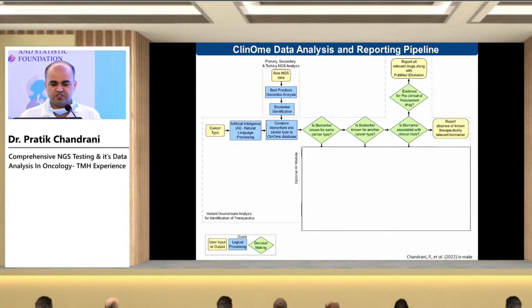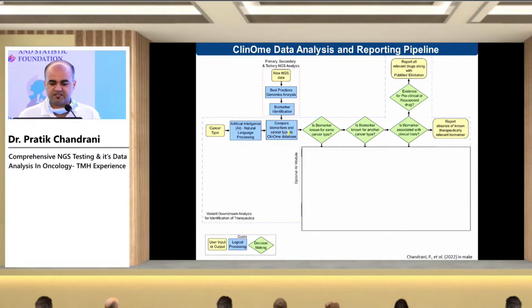So what we do is we use a natural language processing algorithm here, which is an AI algorithm. It takes different kinds of text strings, normalizes them, and interprets them, and the interpretation is then matched together. So that helps us identify the right cancer type, irrespective of what the pathologist is reporting in their pathological report.